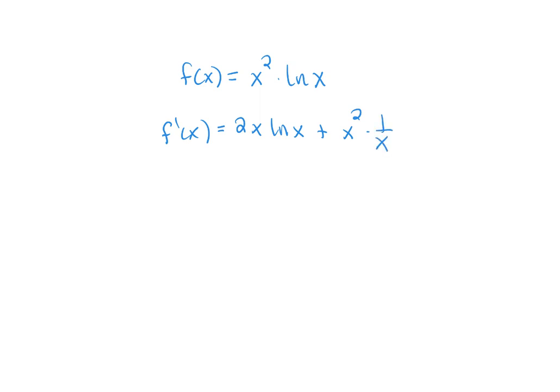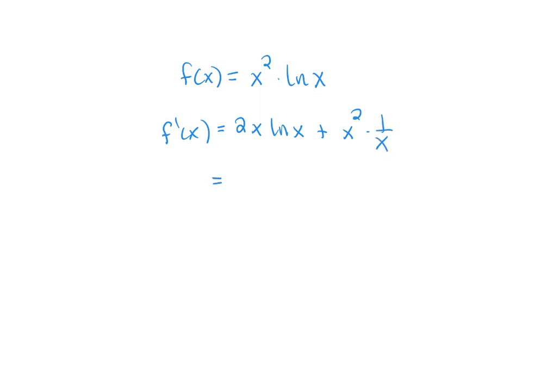Okay, one more example. Let's look at the function x squared times the natural log of x. Our goal is to find where are the critical points. So let's take the derivative. So let's do product rule. 2x times ln x plus x squared times 1 over x.